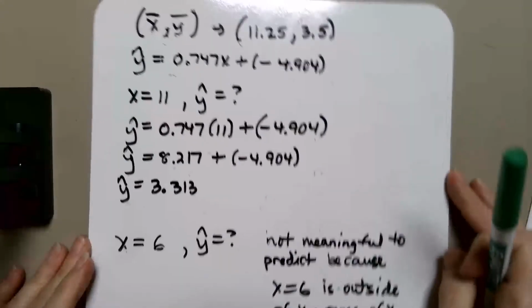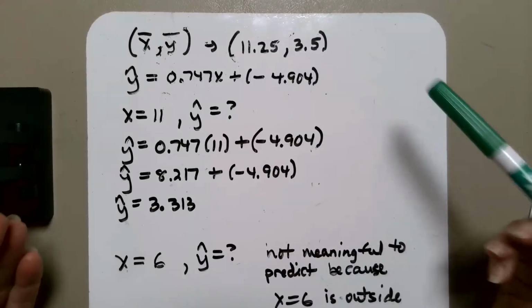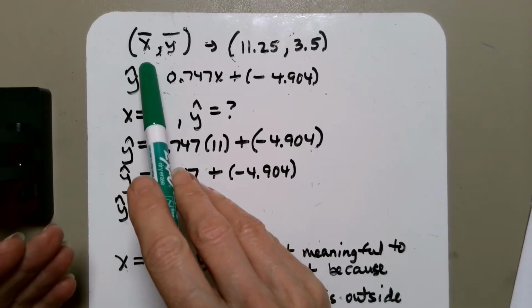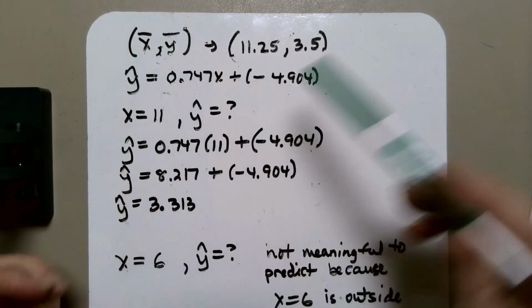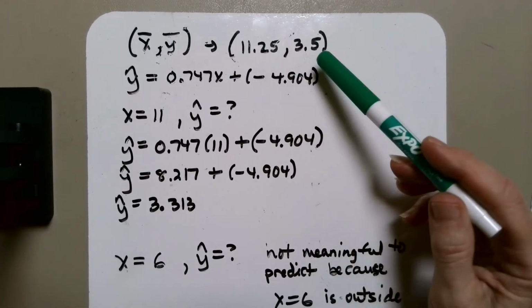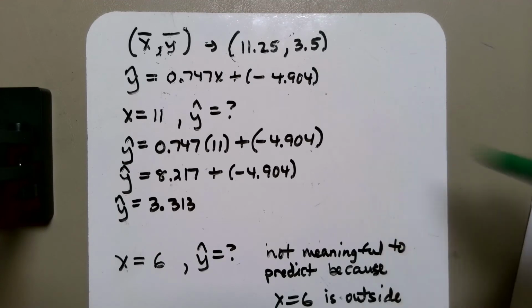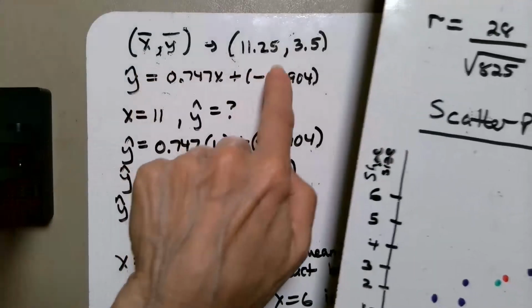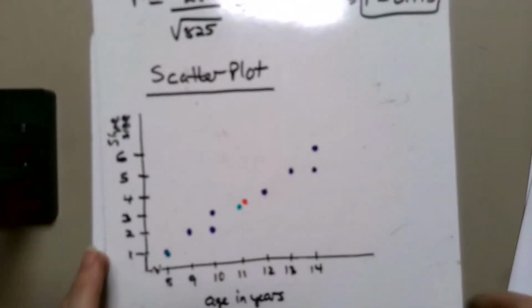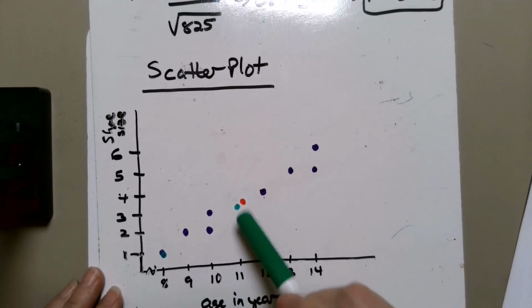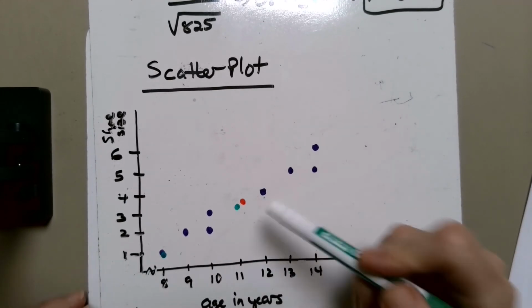So last one here. First thing we have to do is calculate what's called the centroid value, which is the point that the line will always go through. That's the mean of x, mean of y, and we just found above that the mean of x was 11.25, the mean of y was 3.5. So if we go to our graph here and we were to plot this point, 11.25, 3.5, and I did that in red, I went right 11.25 and up about 3.5.